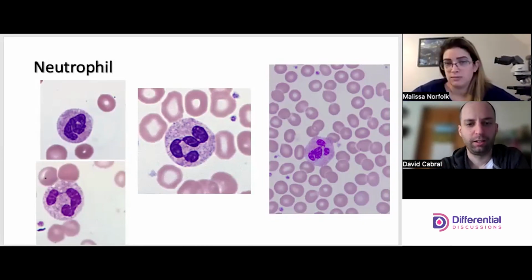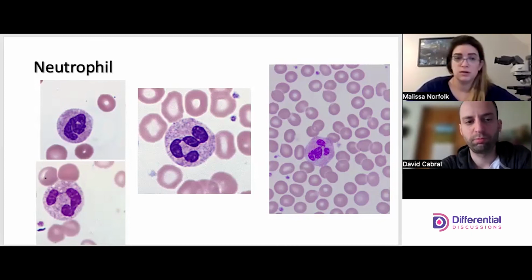So when you take those granules out, there's nothing left. It's a granular cell. Normal is 3 to 5 lobes in a neutrophil, and each lobe or segment is connected by thin filaments. You can see probably this one's the best here, where you can see a lobe and then this nice thin filament that connects it to the next one.